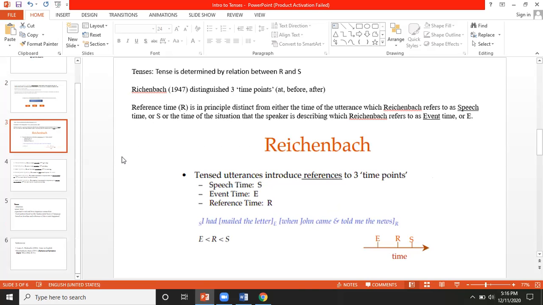There are some acronyms. You can see S, E, R, right? Three things are there. And then, Anu ma'am, can you summarize tense in a sentence? If I could summarize, it's just past, present, and future.